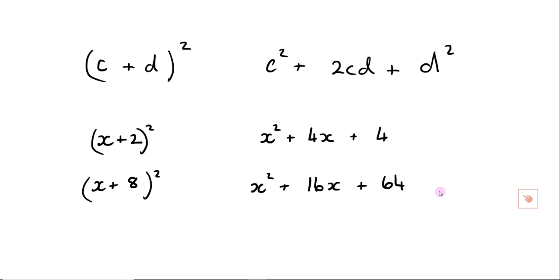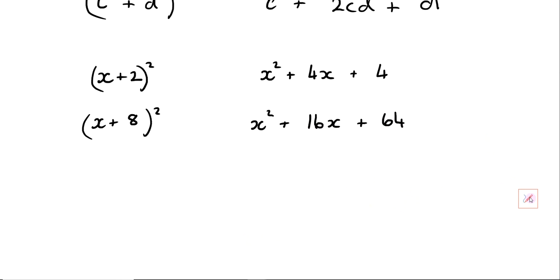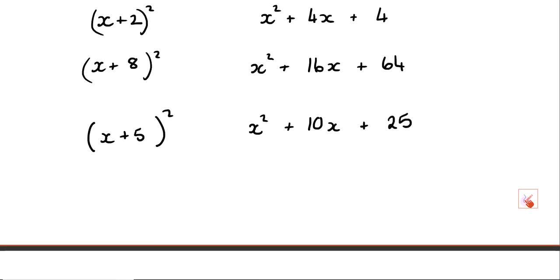Okay, finish this one off for me. x squared plus 10x, plus 25, and the factorised form, the brackets, would be x plus 5 squared.